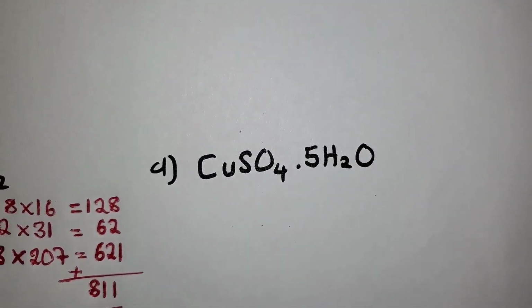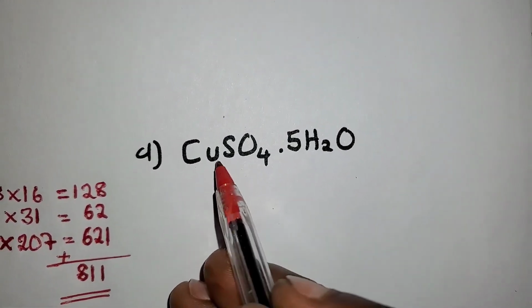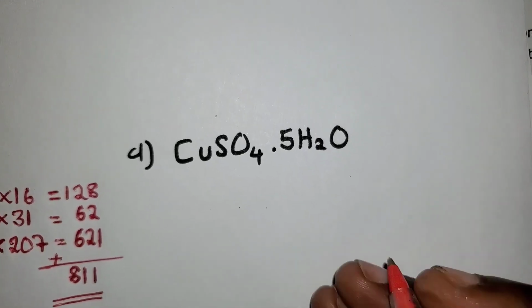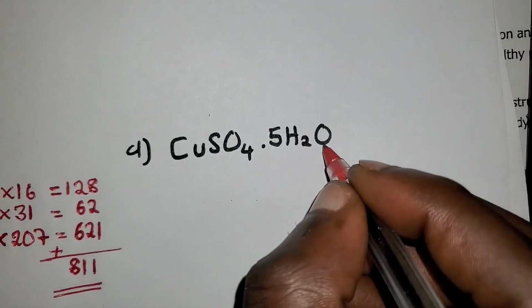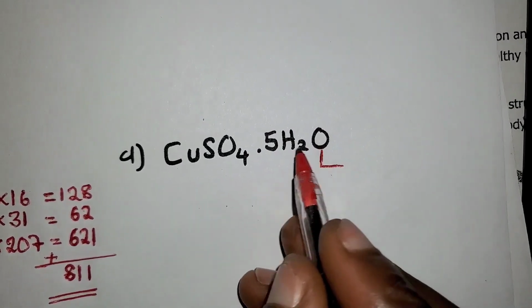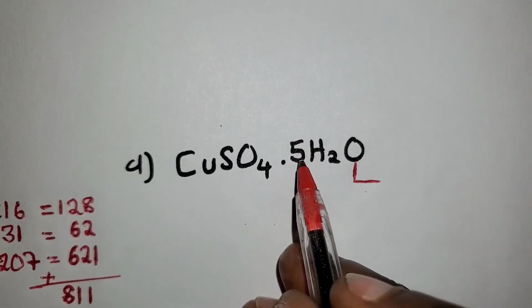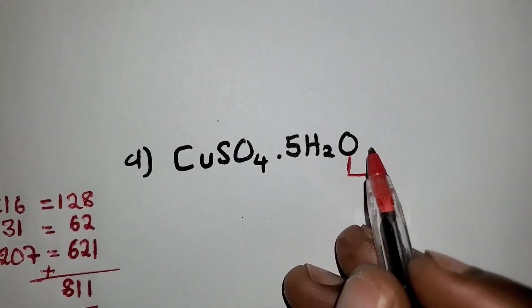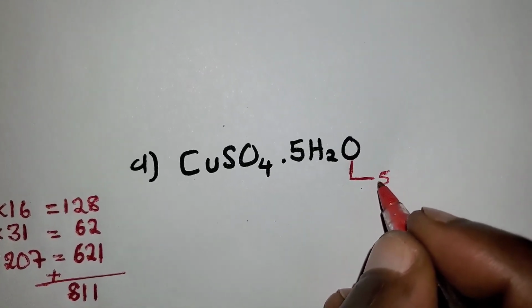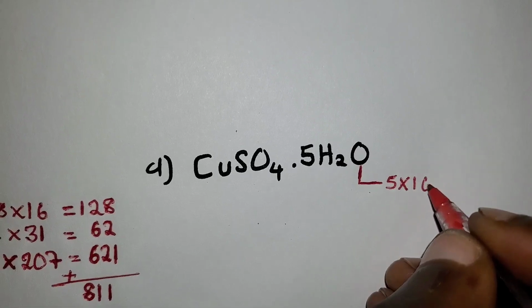Let's come to this. This is copper sulfate pentahydrate. Let's start with oxygen. Because of the number of moles here, which is 5, everything is affected by a 5 here. So we have 5 atoms of oxygen, so 5 times 16.